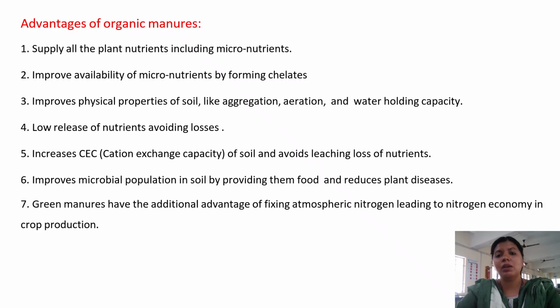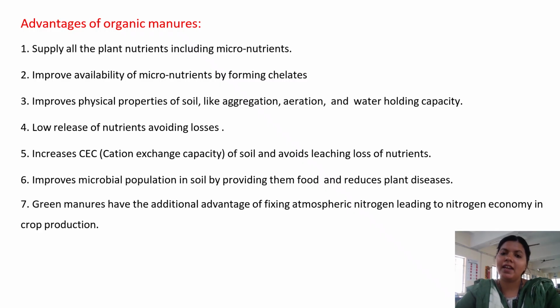When compared to chemical fertilizers, organic manures are highly advantageous. There is a saying that if you apply fertilizers to your cropland, it will feed your plants, whereas if you apply organic manure, it will feed the soil. Soil will in turn feed your plants, and it will sustain forever.